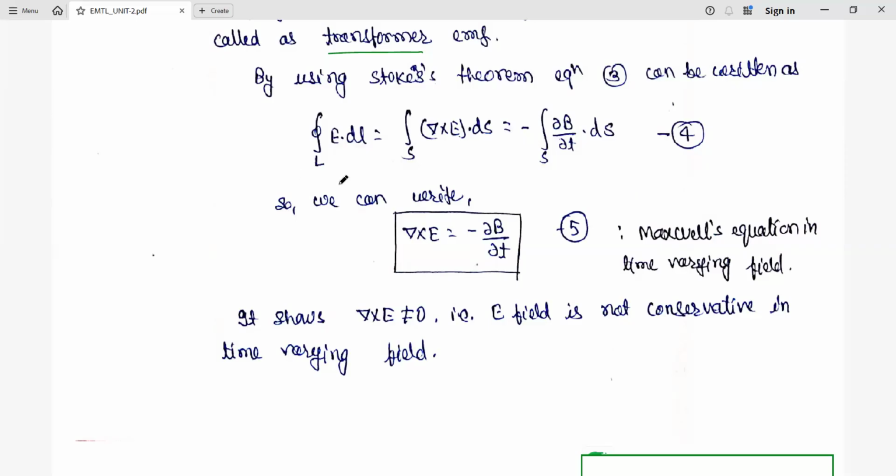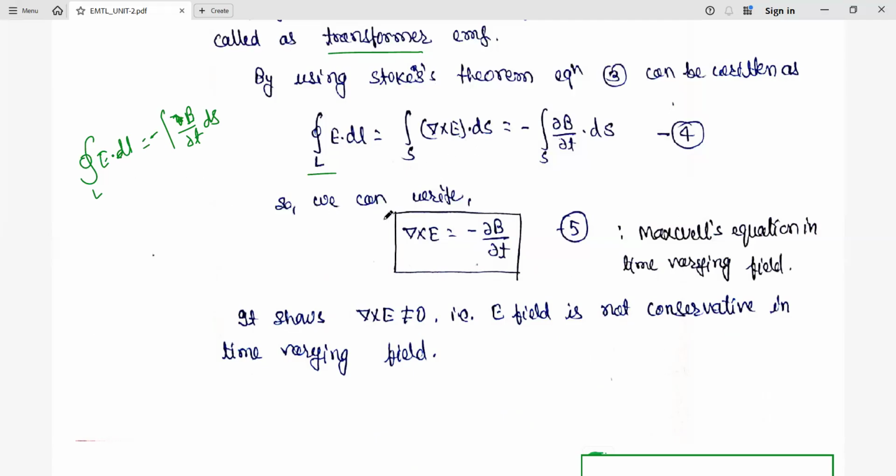So finally, here we can write the integral of E dot dl over the closed path equal to the surface integral of del cross E dot ds. Previously, we have seen that the integral of E dot dl over the closed path equals minus the integral of dou B by dou t dot ds. This is one expression we have seen earlier. So finally now we are able to equate these.